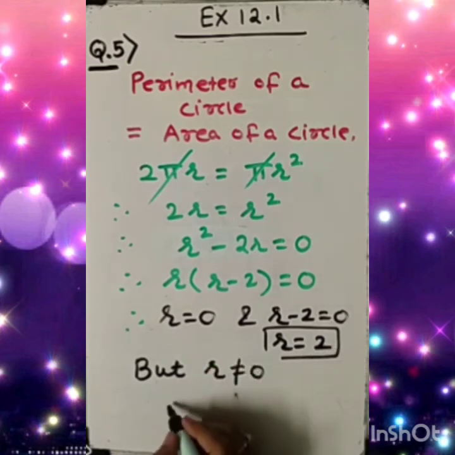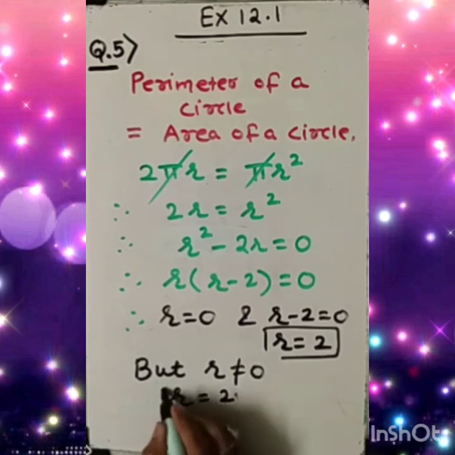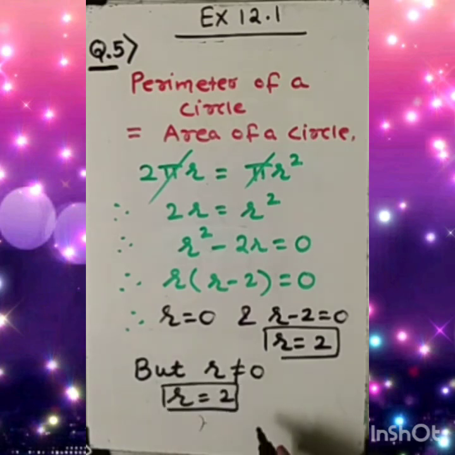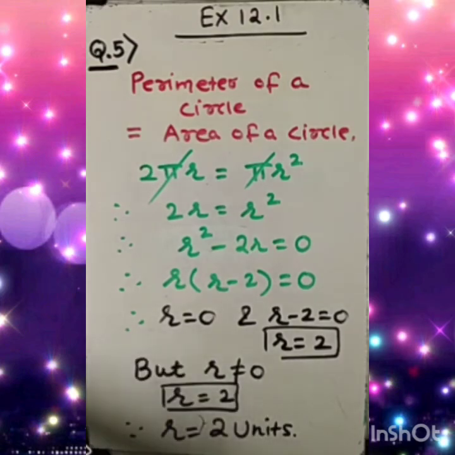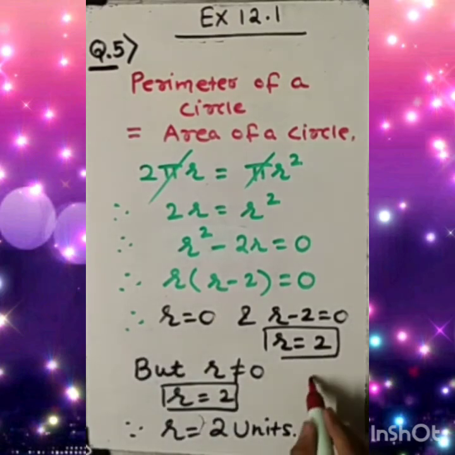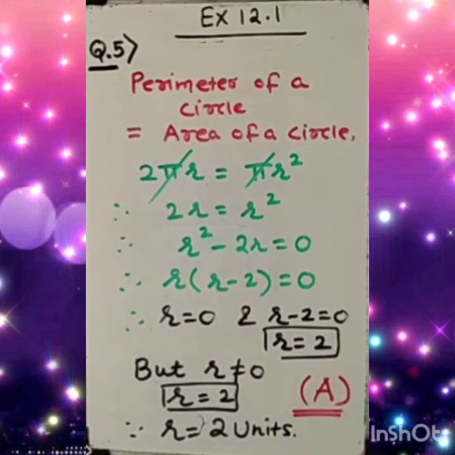So r equal to 2. And according to the given options, option A is 2 units. So finally r equal to 2 units. So I should say option A is the correct option. Option A is the correct solution of this question number 5 MCQ. Easy.